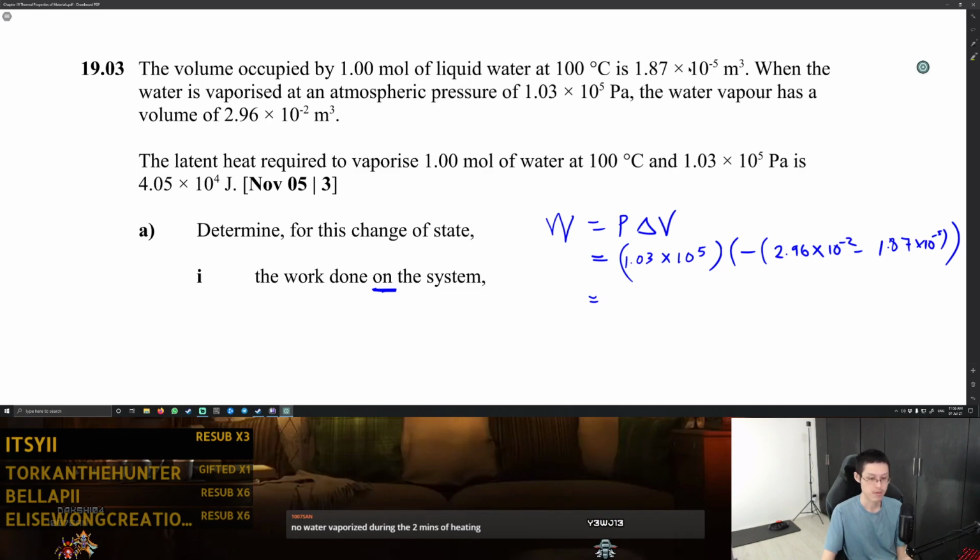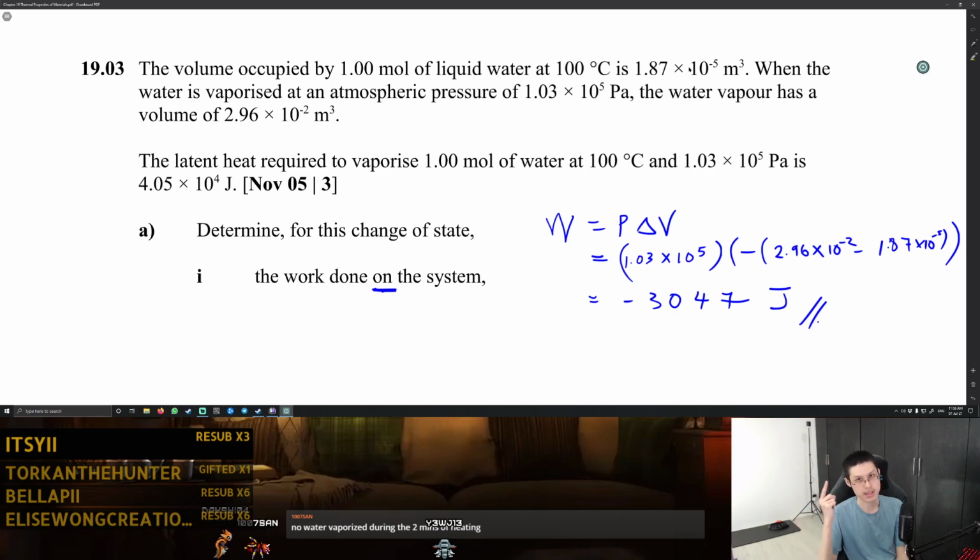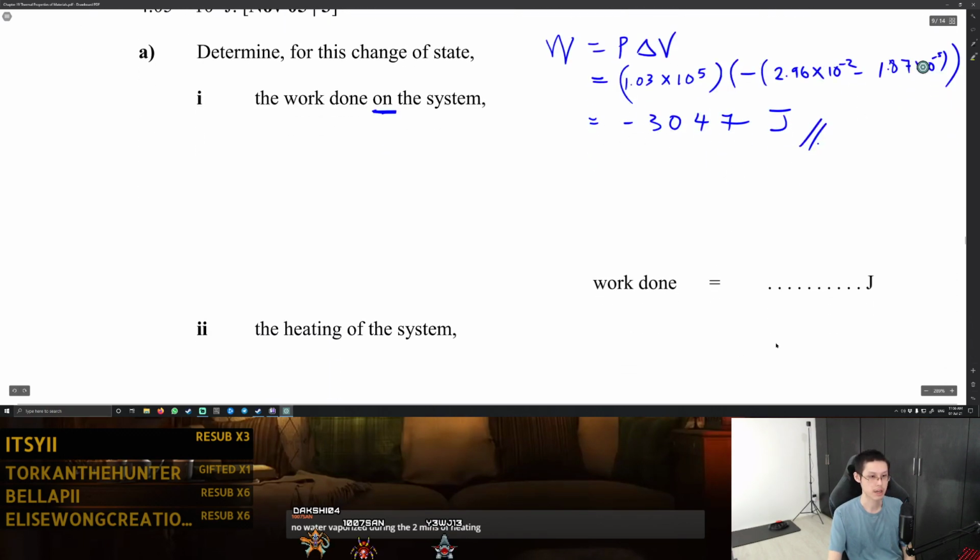Get a negative number for that, times 1.03 times 10 to the power 5. We get negative 3047 joules. So when it comes to work done on the system or by the system, the signs are very important. Usually they would allocate 1 mark for the sign. So make sure you put in the correct sign. In this case, it should be negative.